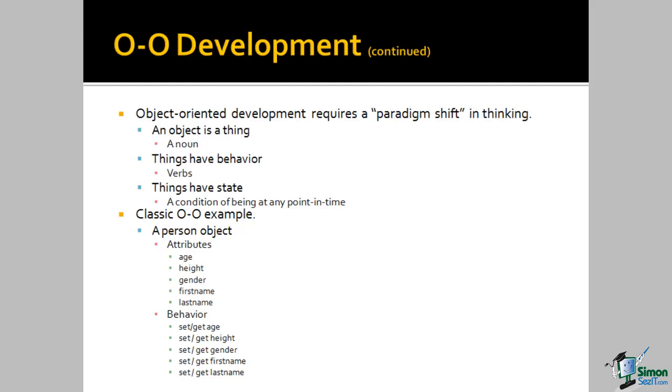Then the way that we interact with this object is defined in the set of behaviors that we as developers provide for that object. In this case, we provide an interface to each of the attributes of the object, the ability to set or to get the value of those attributes. That is the behavior of the object.